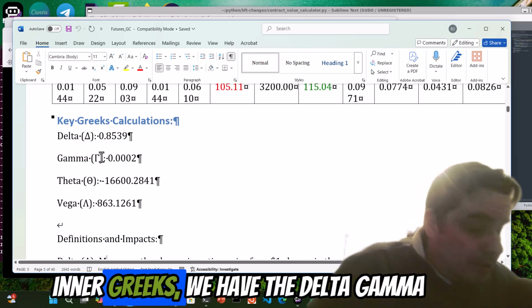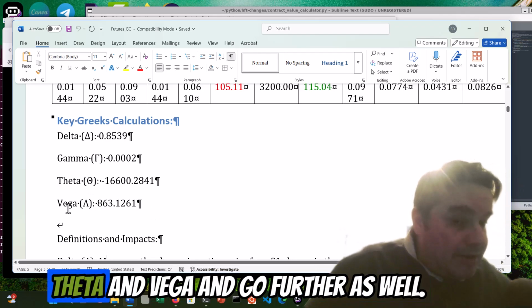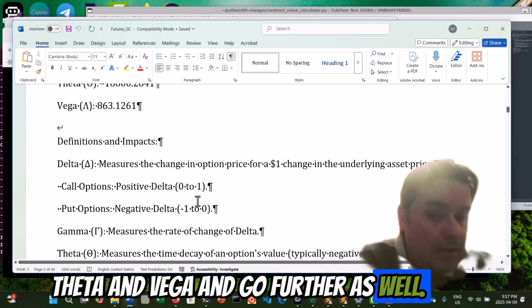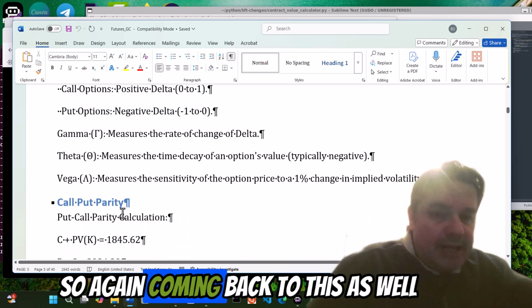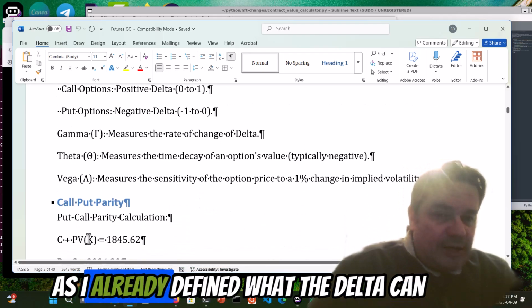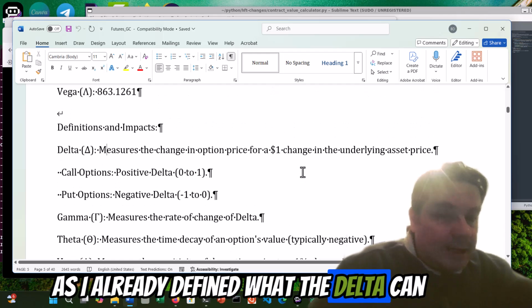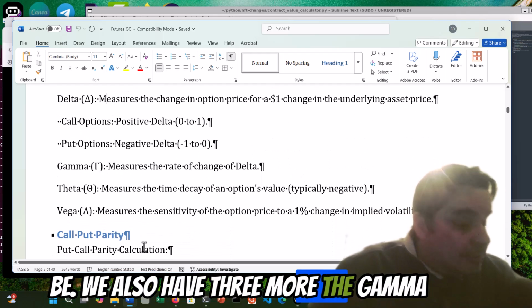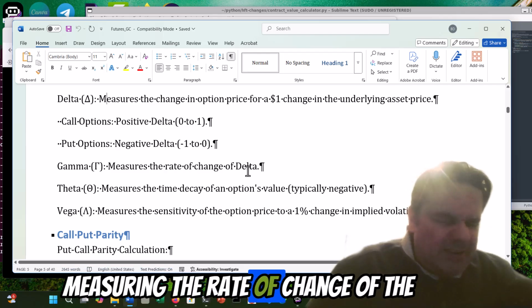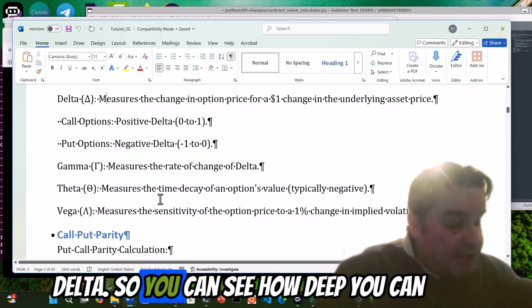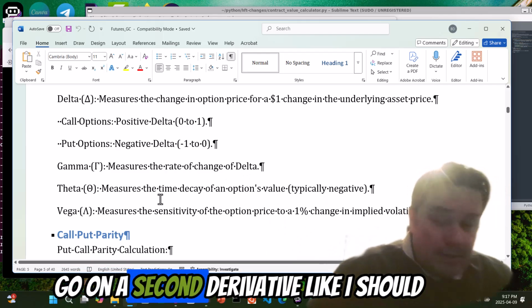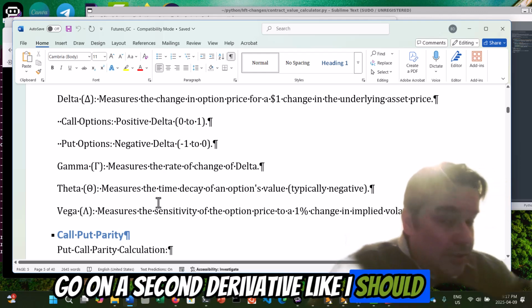Here in our Greeks, we have the delta, gamma, theta, and vega, and go further as well. So again, coming back to this, as I already defined what the delta can be, we also have three more, the gamma, measuring the rate of change of the delta. So you can see how deep you can go on a second derivative, I guess you could call it.